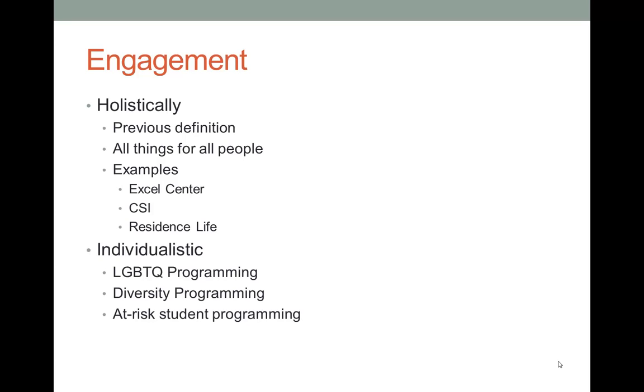Doing at-risk student programming, whether that's a summer bridge program, whatever it is, to individually target a specific population to help them become engaged. But remember, most of the burden lies with the student. The institution can provide the resources, provide the support, but if the student isn't going to become engaged, then nothing's going to happen.